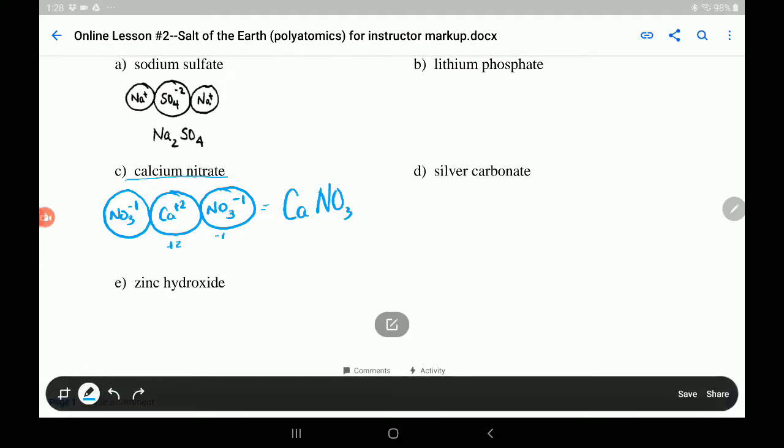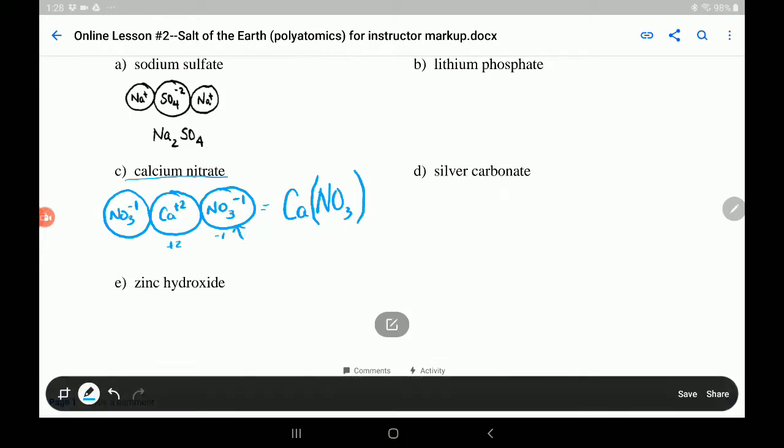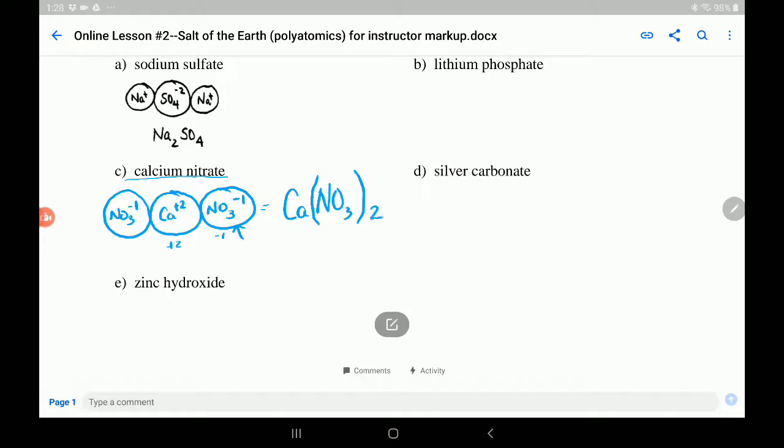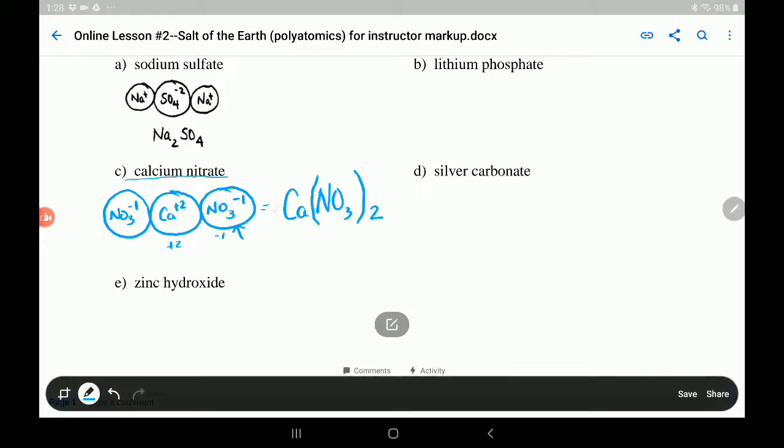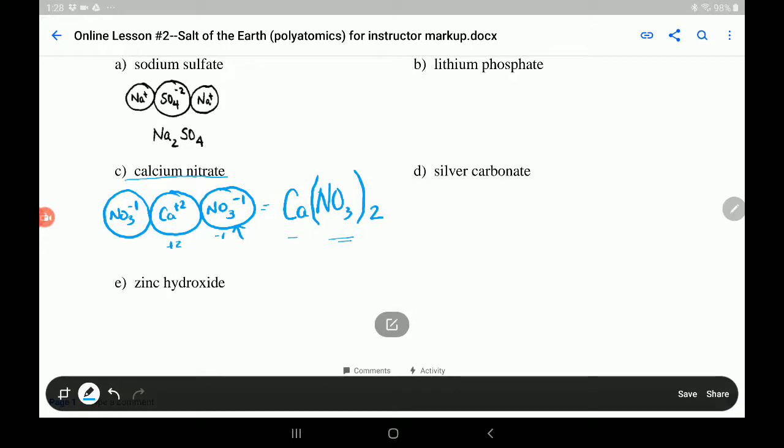So the way you do this correctly, parentheses around the polyatomic. It's a group. There it is. It's a group. You can see it. Put a parentheses to say it's a group, and then put the 2 outside the parentheses. This equals the picture. 1 calcium, 2 nitrates. Need the parentheses to do it right.